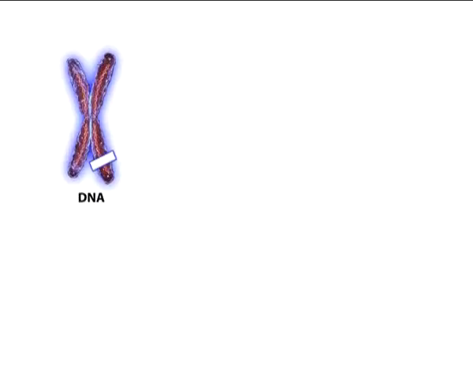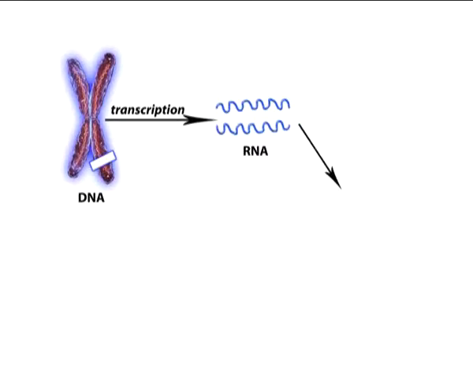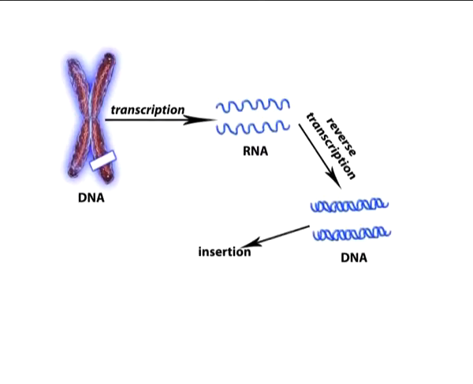In class I transposons, the transposon DNA is transcribed into RNA, which is reverse transcribed by the transposable element's reverse transcriptase. The cDNA is inserted at different loci by the transposase.